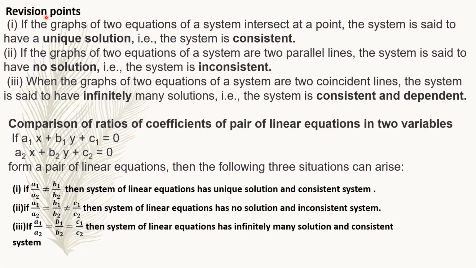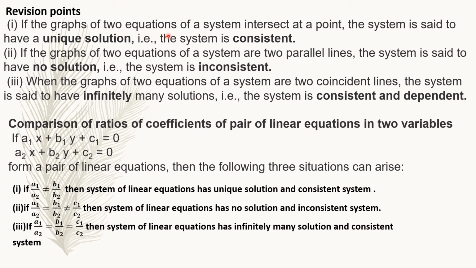Now, revision points. First point: if the graphs of two equations of a system intersect at a point, what is the meaning of this? It means that we have a pair of linear equations in two variables, and each linear equation in two variables represents a straight line. So here we have two straight lines.